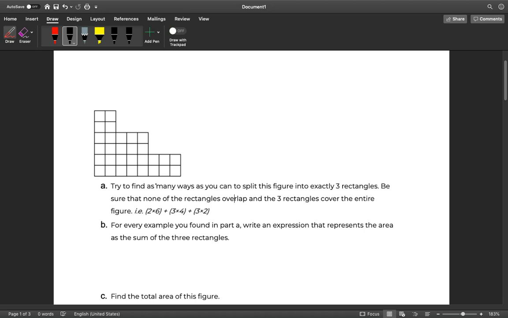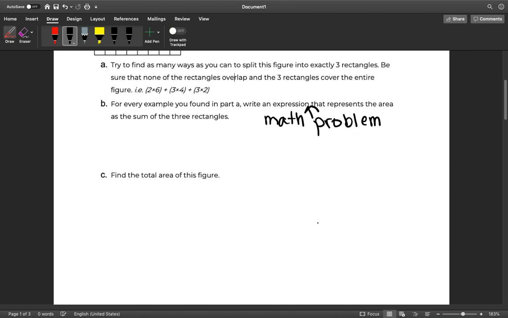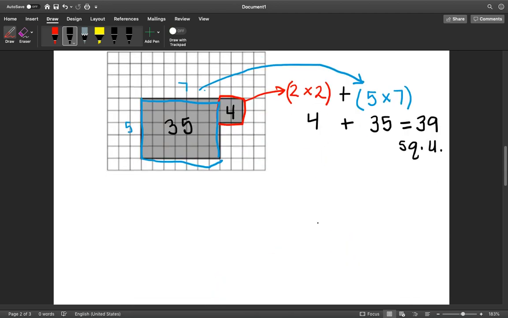And then for the examples that you find, I want you to write the expression. And remember, another word here for expression is the math problem or equation. So that would be right here. And in my example down here, this is the expression, this long math problem right here.